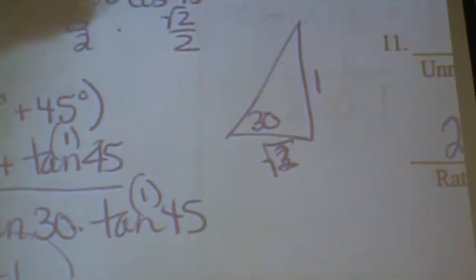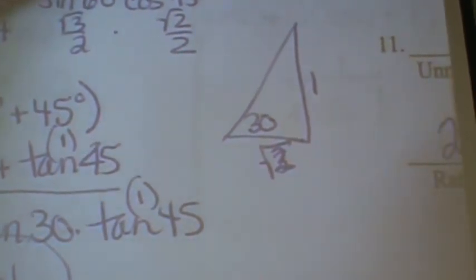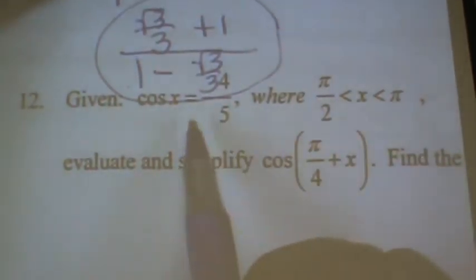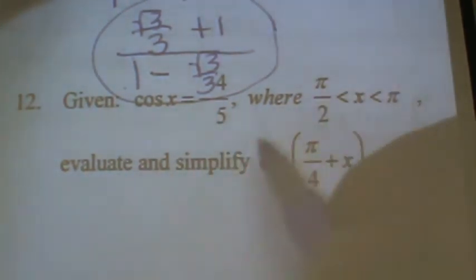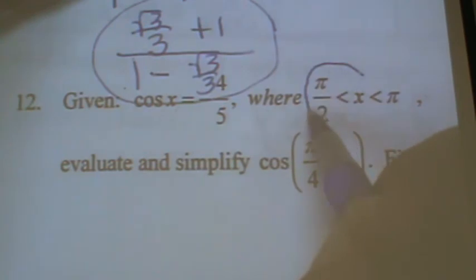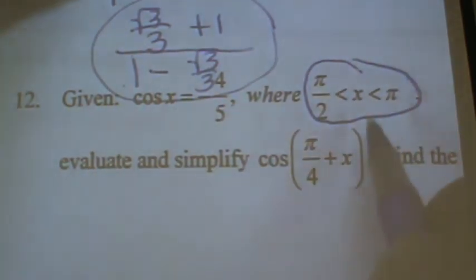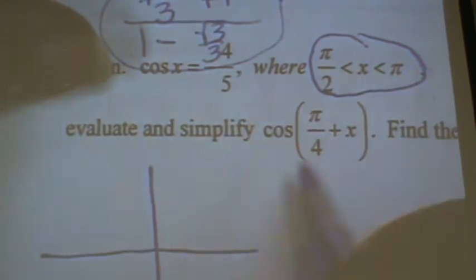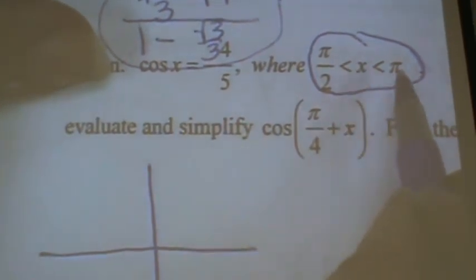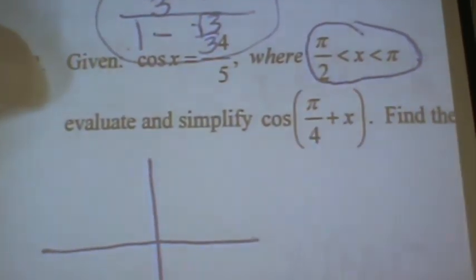Almost done. So let me write these answers for those that need it. Okay, these last two. This one says cosine of x is negative 4/5. Where is x at? Look at this little stipulation here. Where does x lie? It's less than pi but greater than pi over 2.